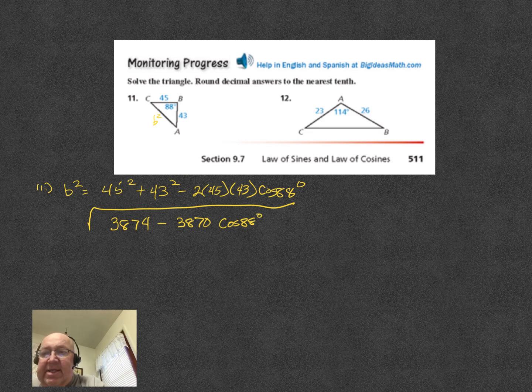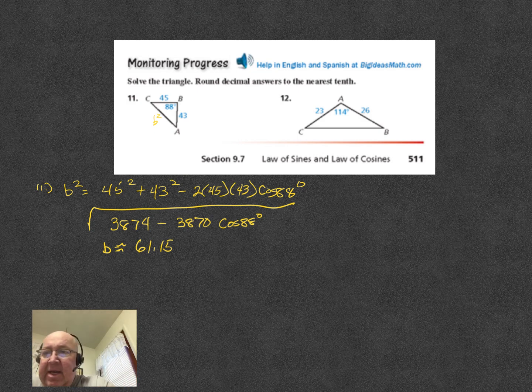When we put this in, we get that the length of B is going to be equal to about 61.15, and I could have rounded that, but I'm going to leave it at 61.15.